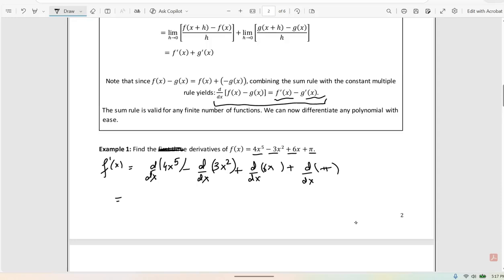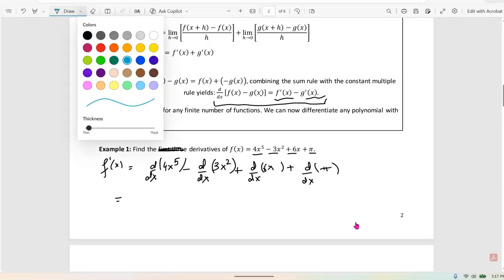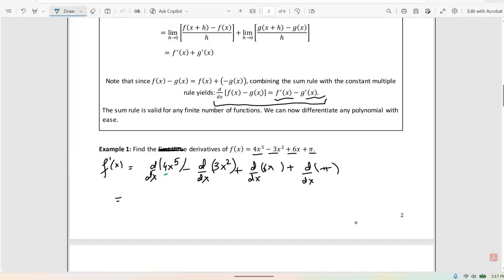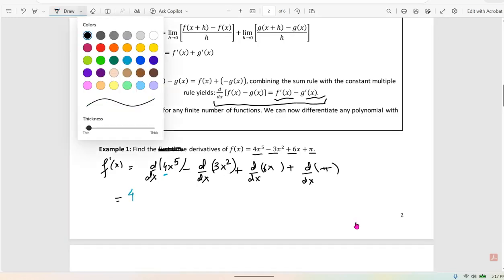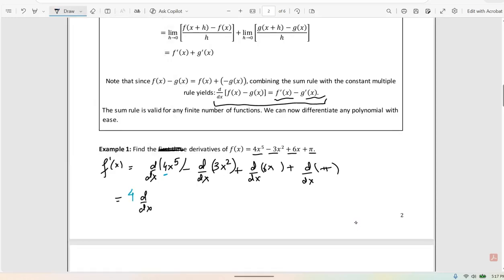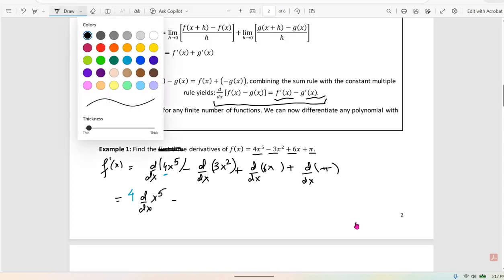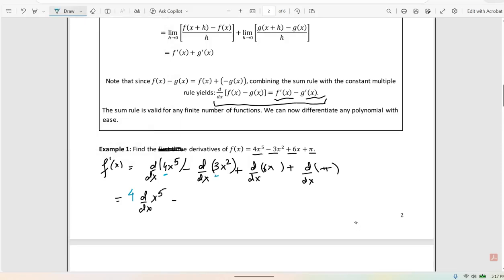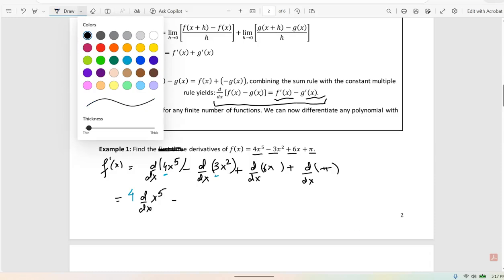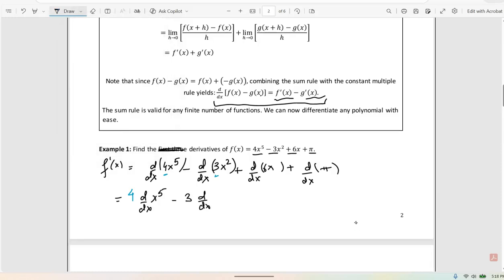Now, let's look at the first one here. 4 is just a constant multiplier, so 4 can come out, and inside will be the derivative of x to the power 5. Minus 3 is just a constant multiplier, so 3 can come out, the derivative of x square.